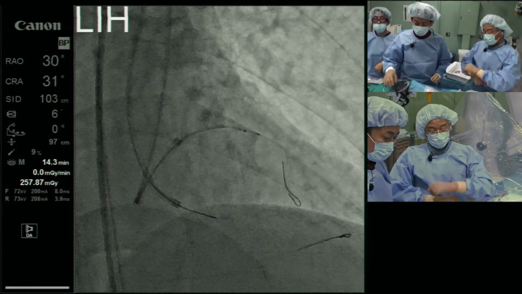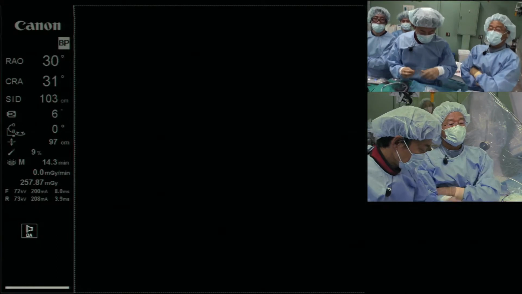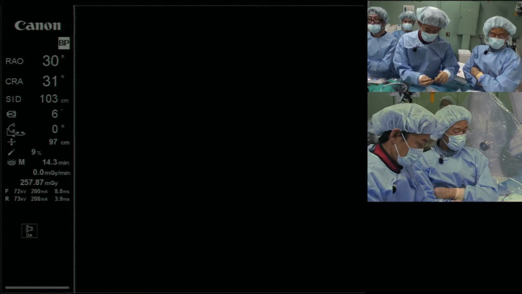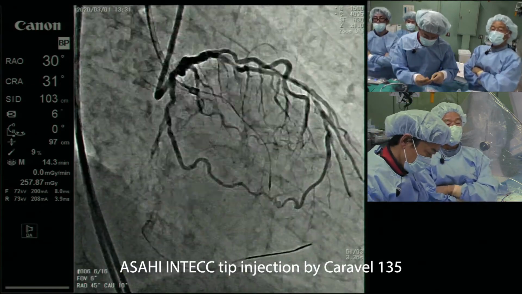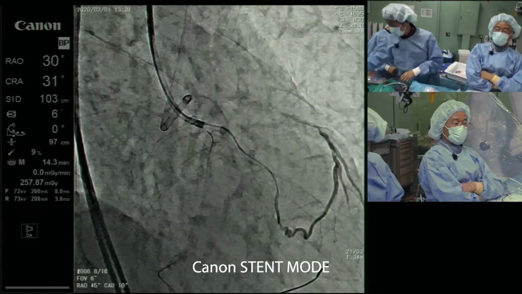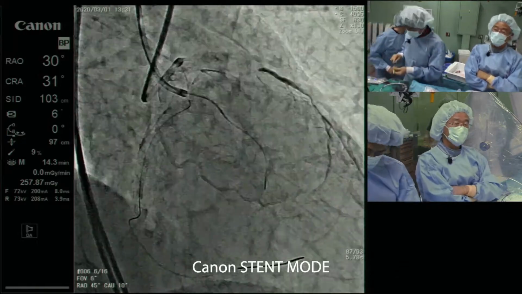We prepared a relatively simple LAD CTO. From the CT angiogram, we guess the occluded vessel is relatively straight, but it is difficult to see the CTO entry.